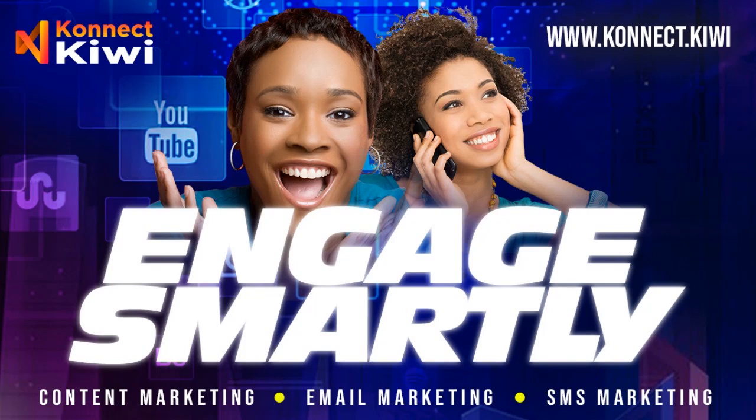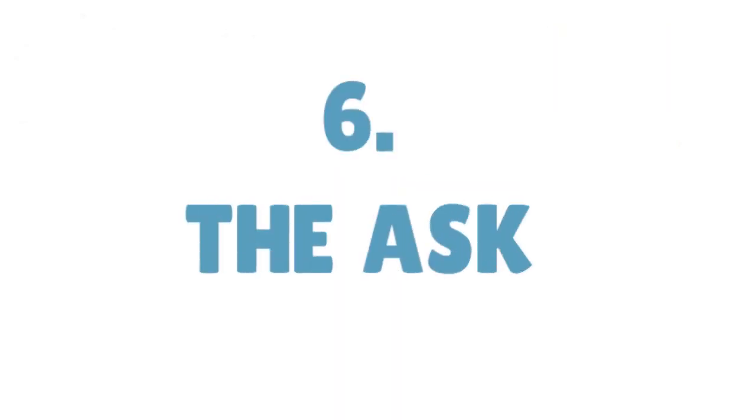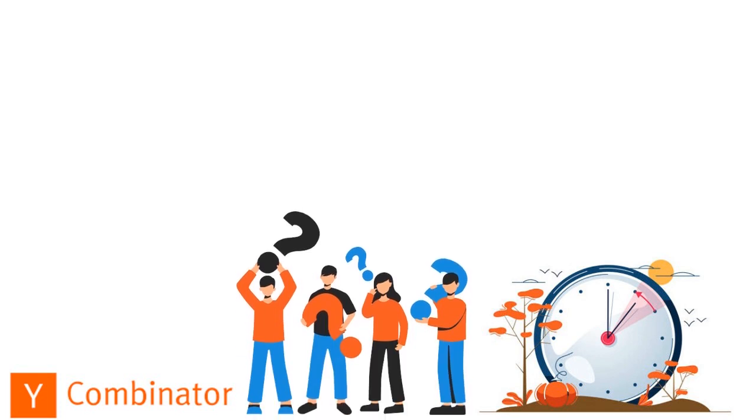If you want to pitch your seed stage startup with Y Combinator, you want to talk about the ask. The ask is really important because you've got to ask for money. Otherwise, why are you wasting people's time and resources, and your own time too, right? Y Combinator wants to make sure that the pitch deck for your seed stage startup has the ask: how much you are raising and what milestone you will accomplish with that raise.